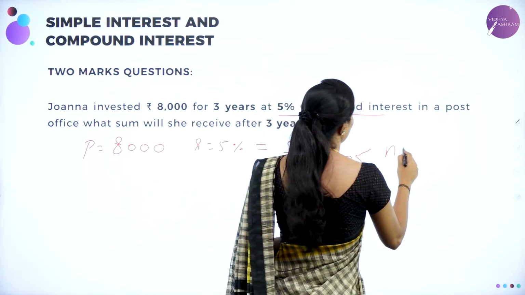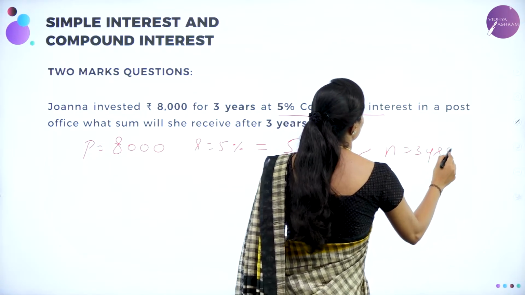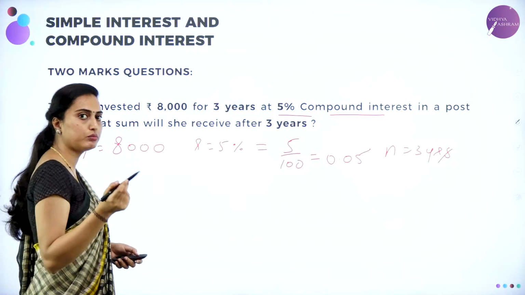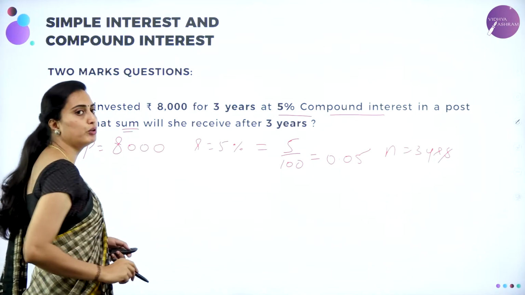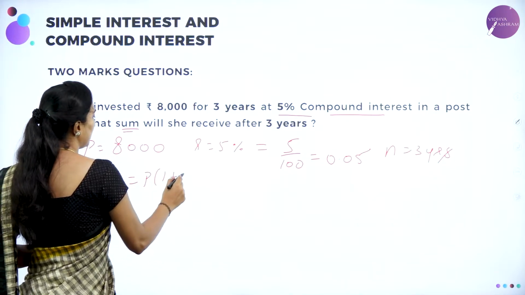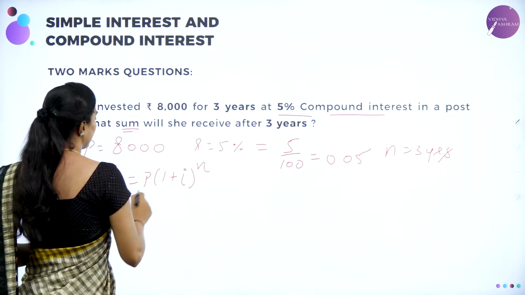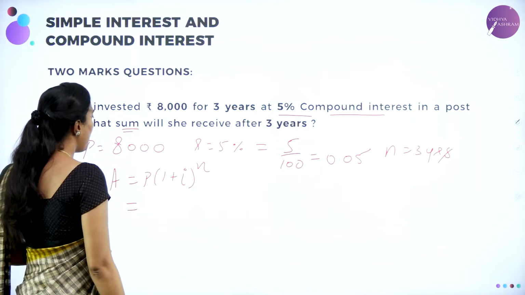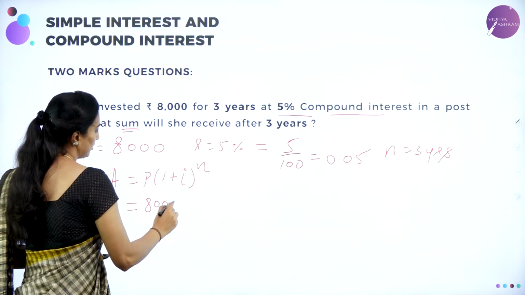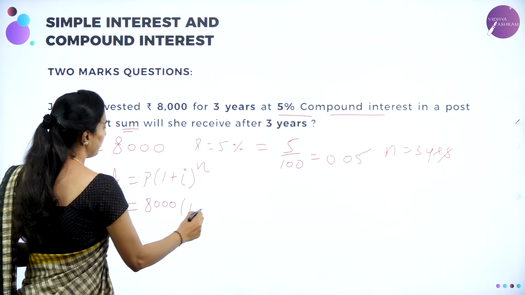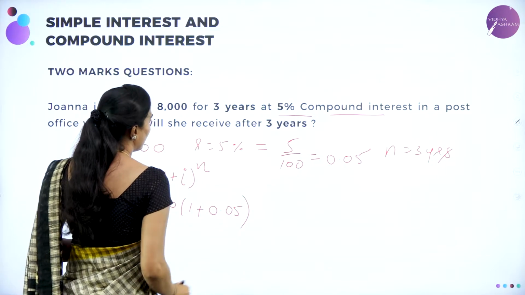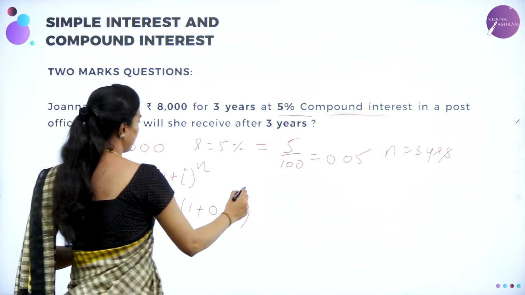Now n, what have they given? 3 years. n is nothing but the number of years. So what do we need to calculate? Sum amount. Sum amount means total amount. Total is A. A is equal to P into (1 plus i) whole to the power of n. Now A is equal to P, which is 8,000, into 1 plus i, which is 0.05, whole to the power of n, which is 3.